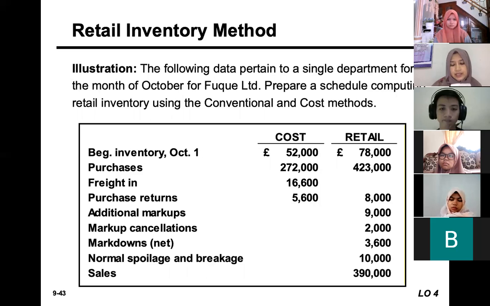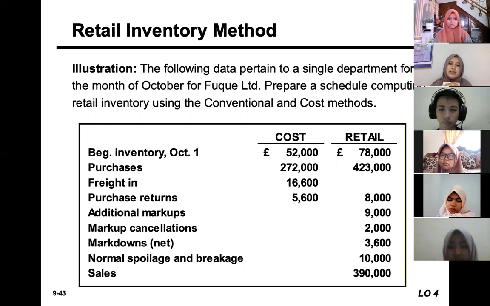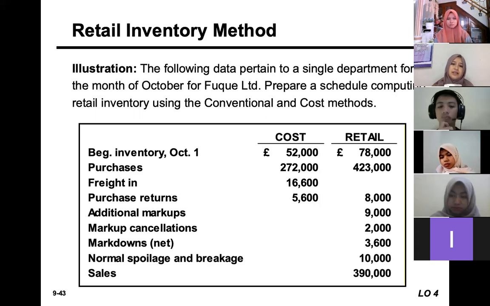For retailers, they sometimes mark up the selling price, depending on the situation and the demand from the customers. Let's say a retailer in clothing business. They buy that cloth for the price of 100,000 rupiah, and then they sell it for 200,000 rupiah.